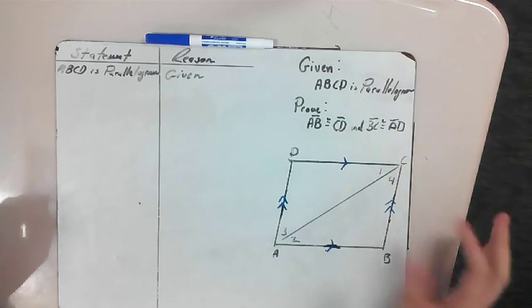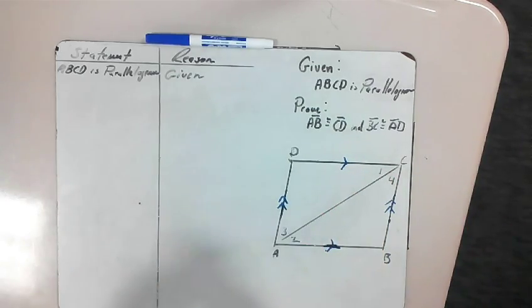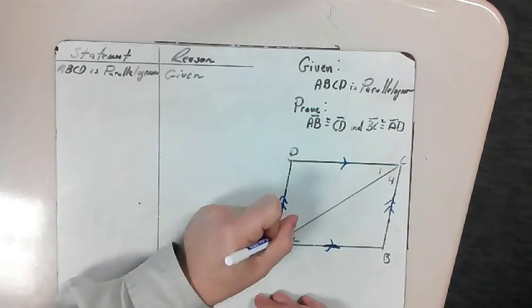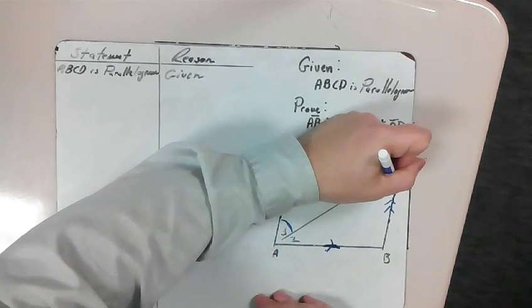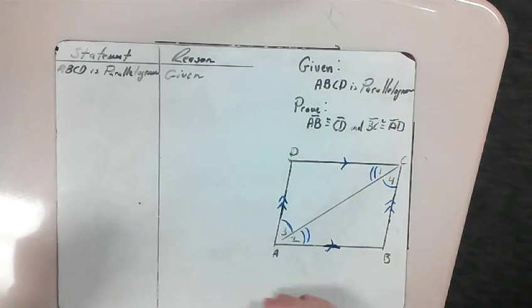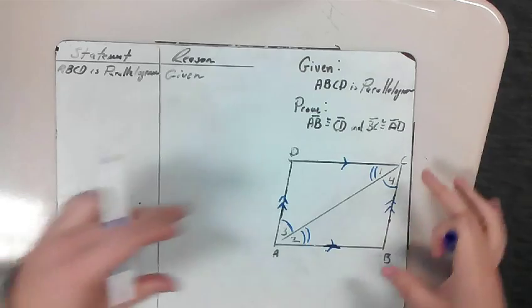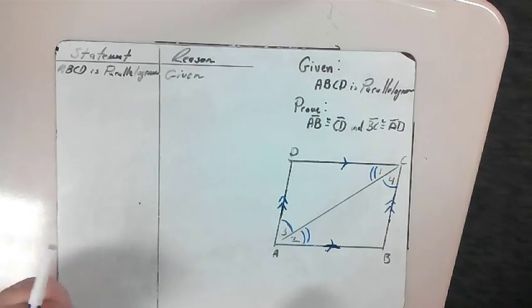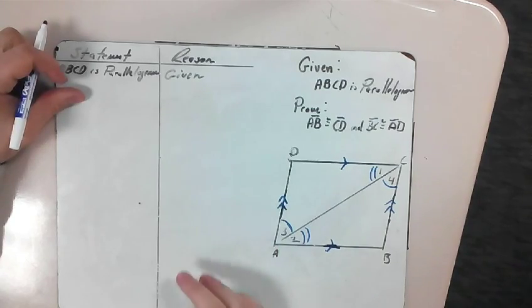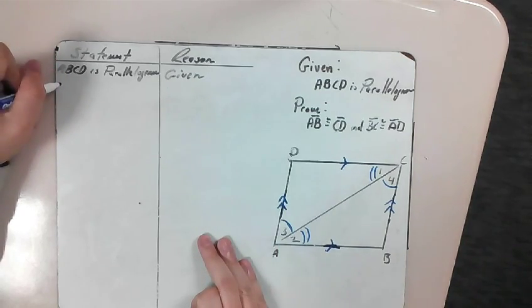Inside parallel lines, we always have alternate interior angles. So let's mark those off. The reason that's happening is because these are parallel, so I have to point that out first. This is the second line on your sheet that says definition of parallelograms.